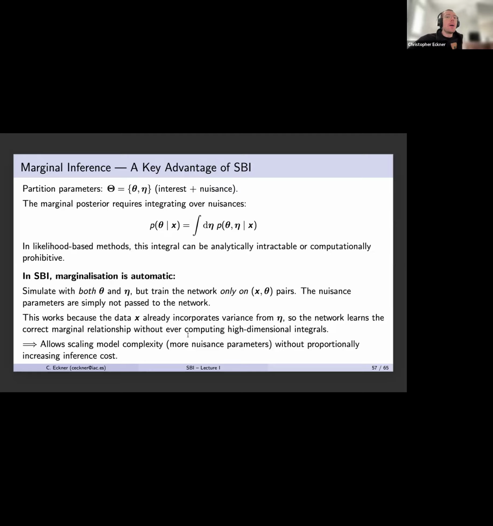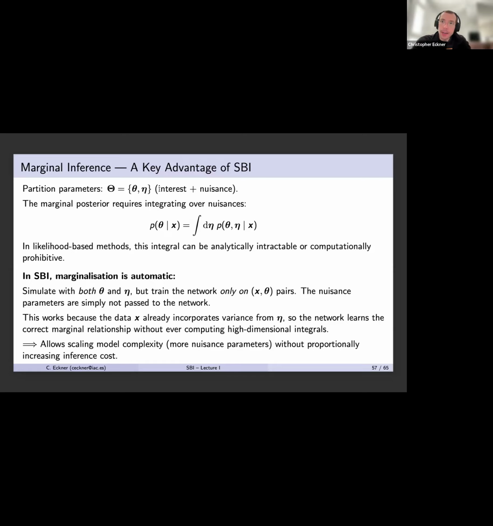You can include parameters of interest that directly relate to parameters of your model, biological parameters of your biological system, dynamical variables in your chemical process, or parameters that play a part in your physics model, and some nuisance parameters. That might be parameters that come from your tabletop experiment because you have systematic uncertainties. You can model all of this. You can model all of their effects. You can simulate from the full joint, including the actual interesting parameters and the nuisance parameters.